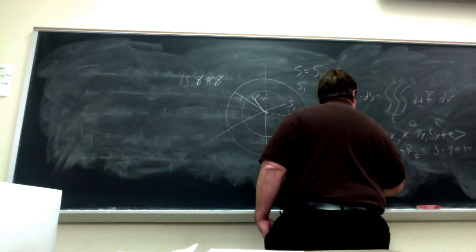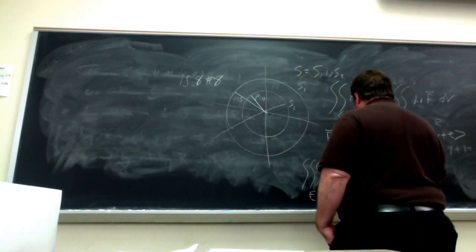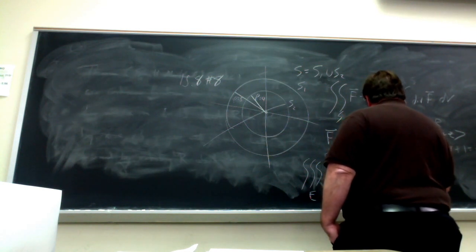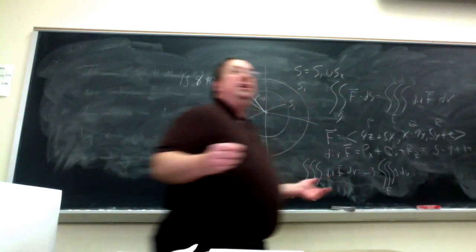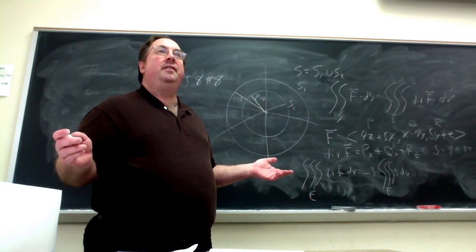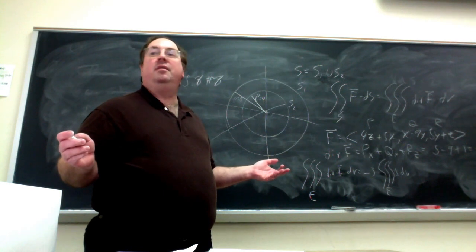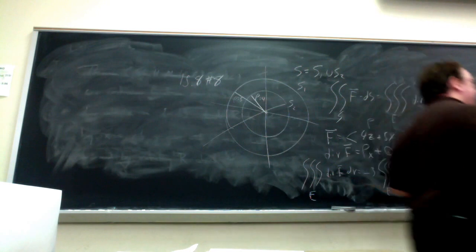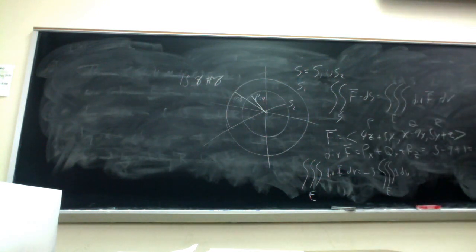is minus 3 times, well, you can look at it two ways. This is the integral of 1. But a triple integral of 1 is what? That's volume. Yeah, so length in 1D, area in 2D, volume in 3D.